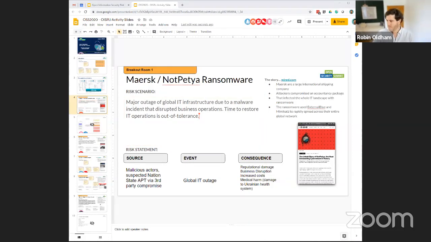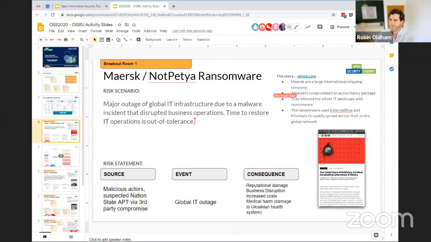We've spent probably about 25 minutes on it, so plenty of time for people to have a good discussion. What I was intending to do now was just to get people's thoughts and feedback and talk through the different examples and scenarios so people can see it in action. So do we have a volunteer from breakout room number 1 who'd like to tell us a bit about what you got up to and your example?